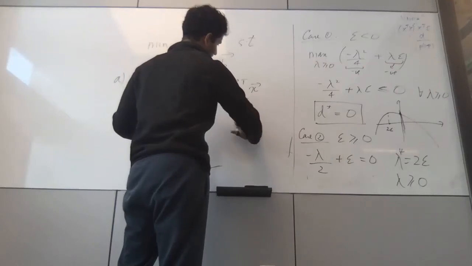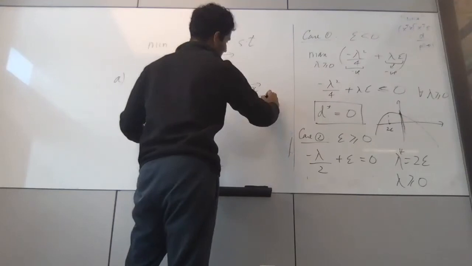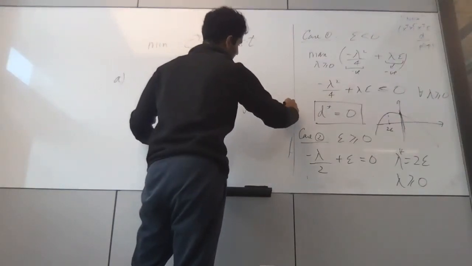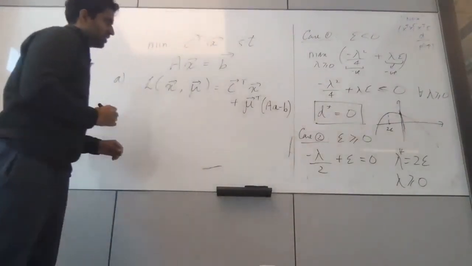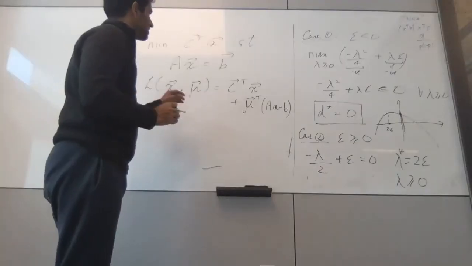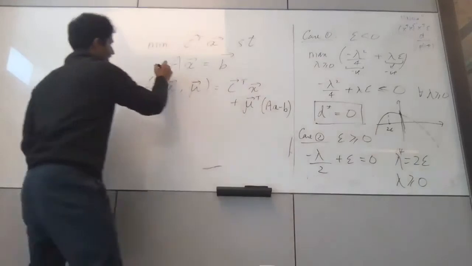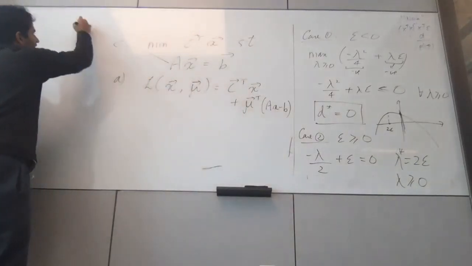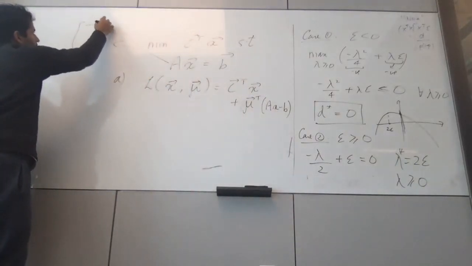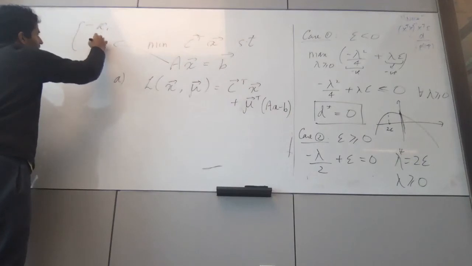Oh, just c transpose x plus mu transpose times (Ax minus b). And to see why this is true, maybe break down A into its rows. So let's say the rows of A are a_1 to a_m.